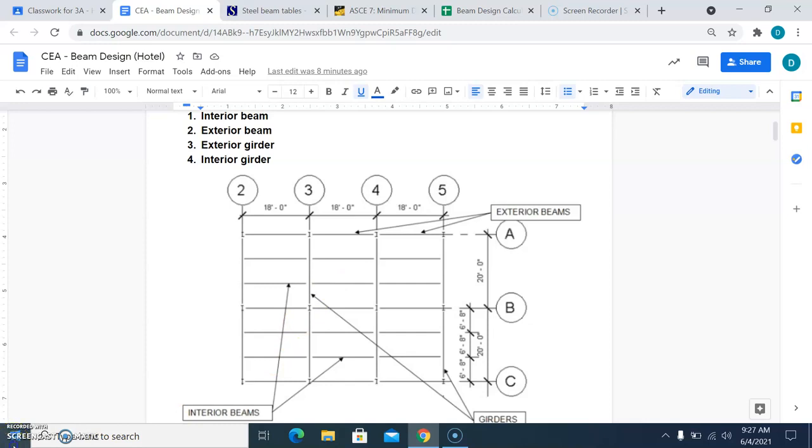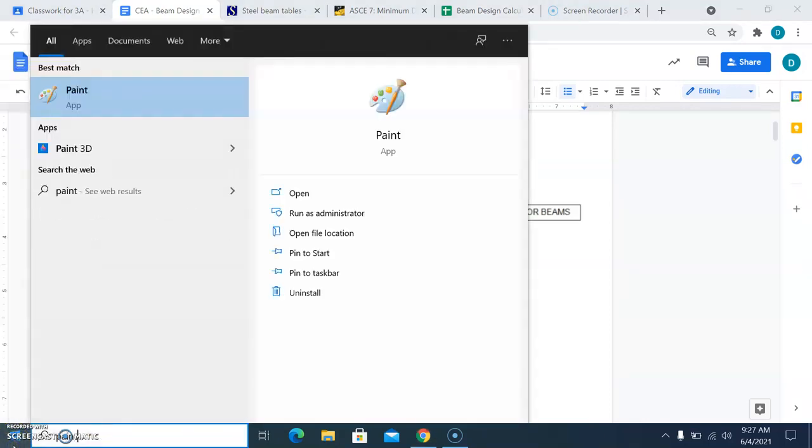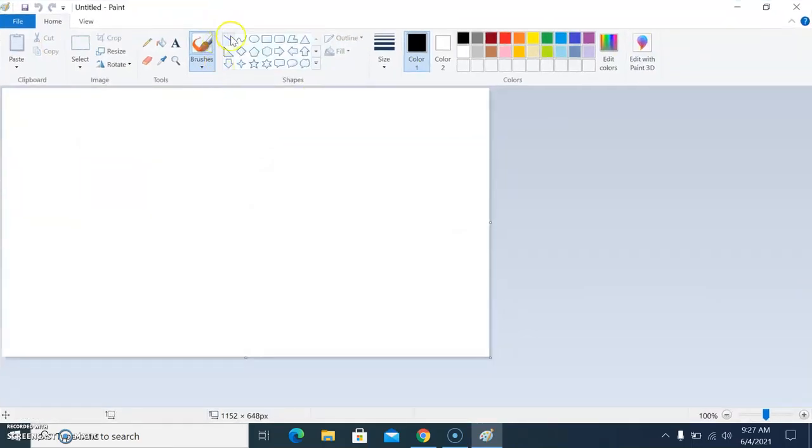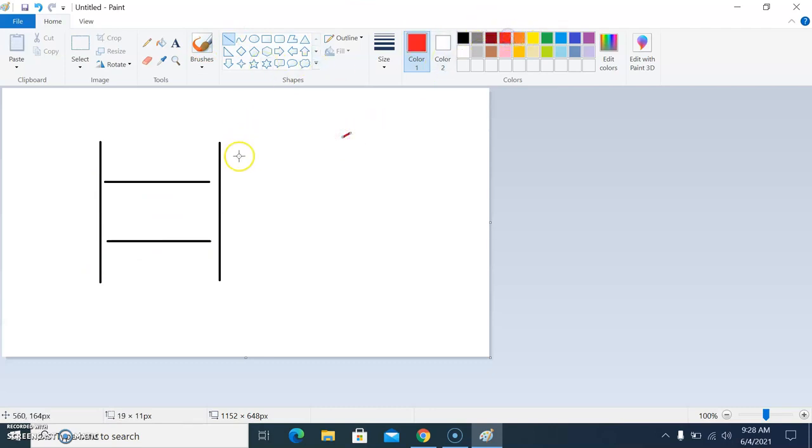So let's see if I have Microsoft Paint on this computer. Tributary width, let's just do a real rudimentary thing right here. And we'll say that this is 5 feet. This is 8 feet, and this is 5 feet.